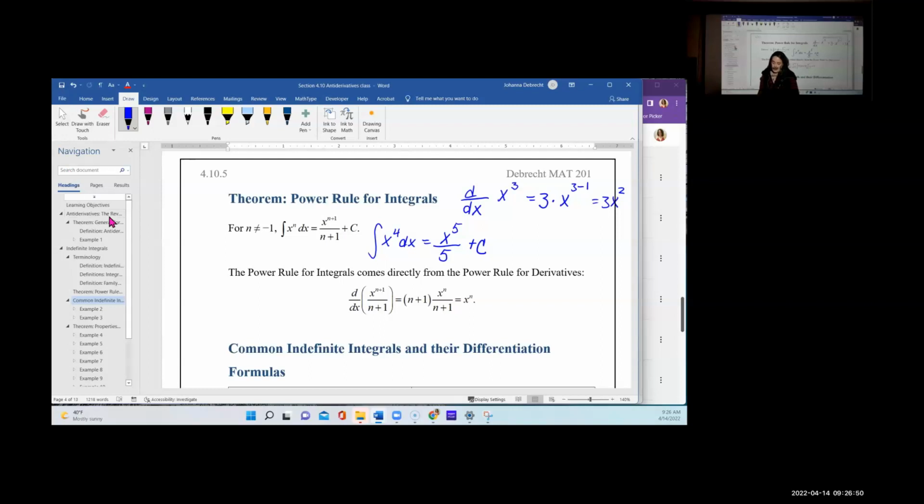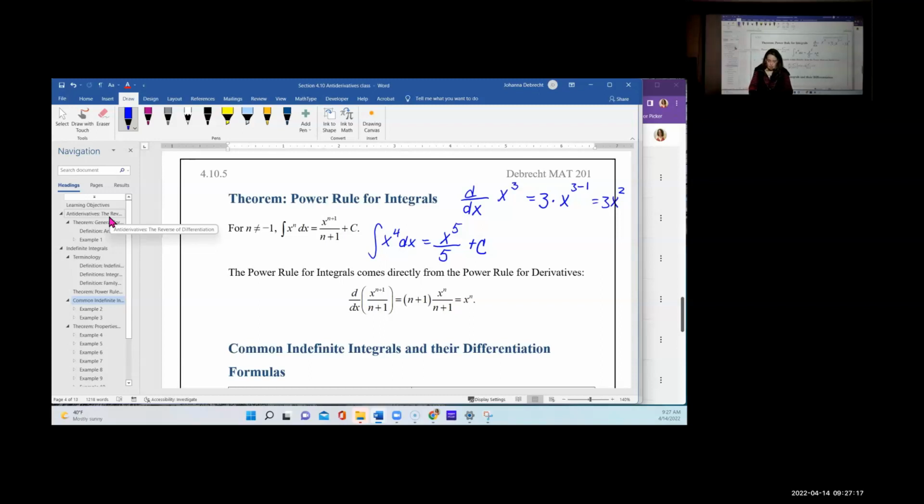So we're undoing the operation of the power rule. In the power rule, we brought the power to the front to multiply, and then we subtracted 1 from the power. So here, in order to undo, we have to add 1 to the power first, and then divide by the new power, and that undoes that operation.